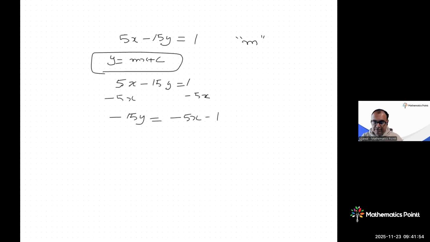Now I have a negative 15 sitting with y, so I will divide by negative 15 here, here and here. Gone. y equals, this is 1, this is 3, negative, negative makes it a positive. A positive 1 on 3x and a positive 1 on 15. So my slope is 1 on 3, not negative 1 on 3.